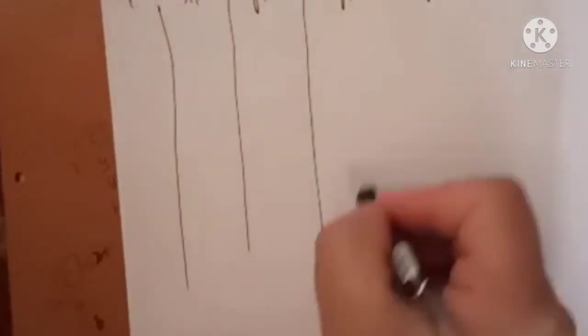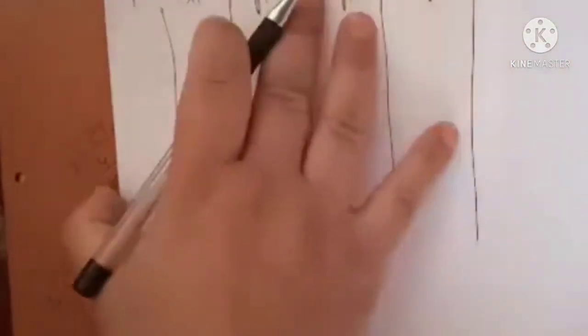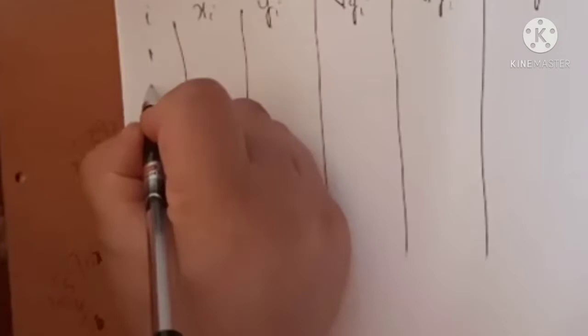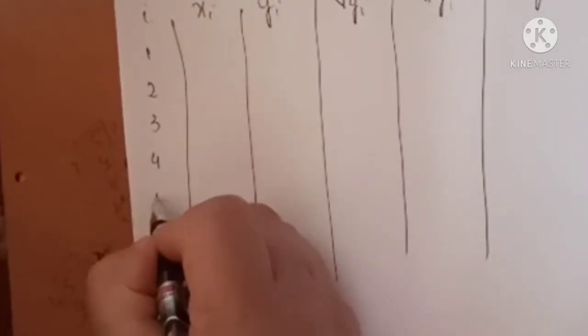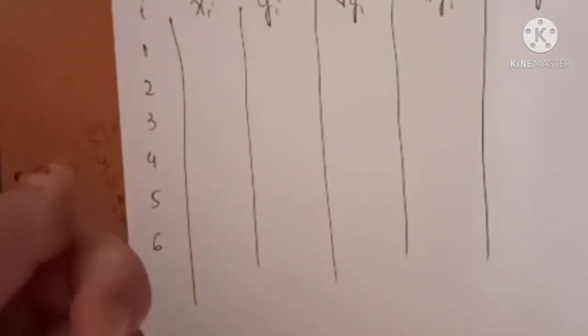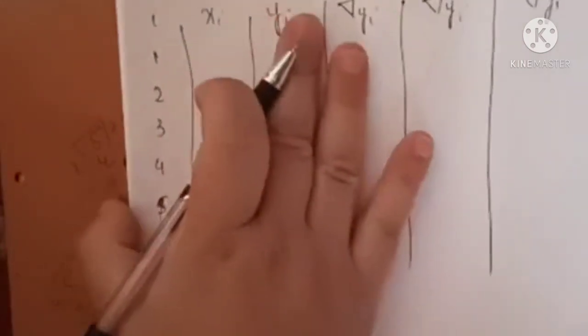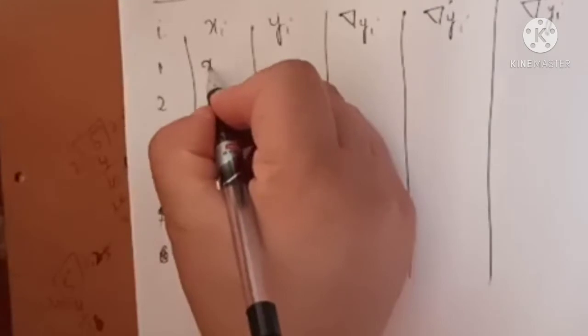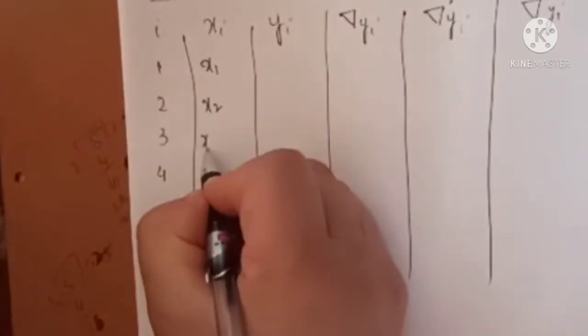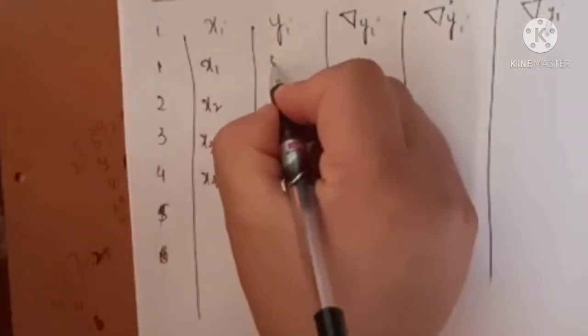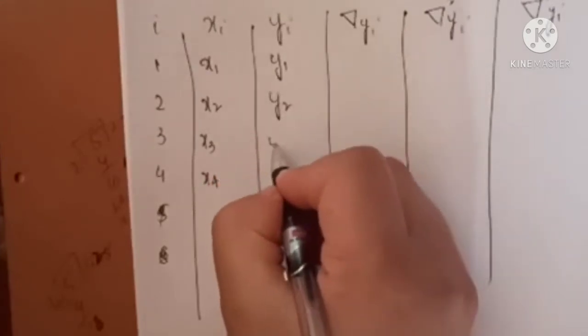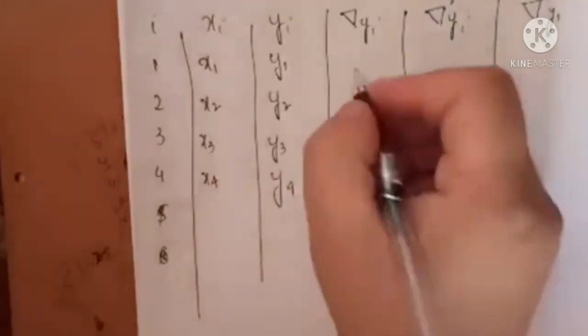Firstly, we will generalize this so that you will understand how to construct this table. Say we only have 4 points, it will be easier for us to do. Say this is x1, x2, x3, x4, y1, y2, y3, y4.